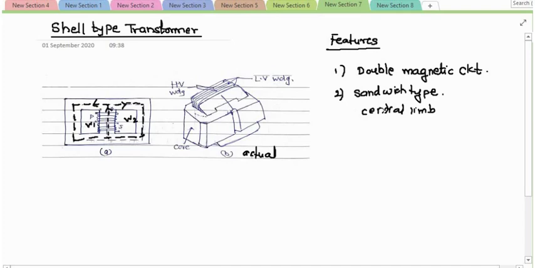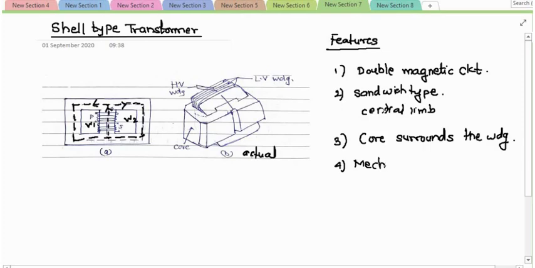So this one is the core, and in the middle the winding is there. In the core type of transformer, your windings are surrounding the core. Here the core surrounds the winding. This feature is useful from the point of view of providing mechanical protection to the winding.